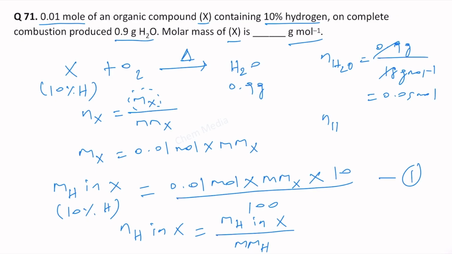However, number of moles of hydrogen is equal to 2 times the number of moles of water. Why? Because atomicity of water is 3. We have 2 hydrogen atoms and 1 oxygen atom. Therefore, number of moles of hydrogen we need to multiply with 2. Therefore, 2 times 0.05 moles. So that means number of moles of hydrogen is equal to 0.1 mole.